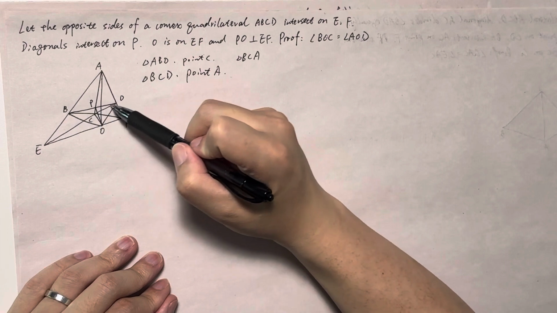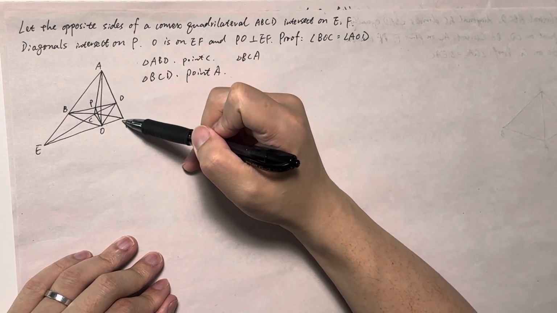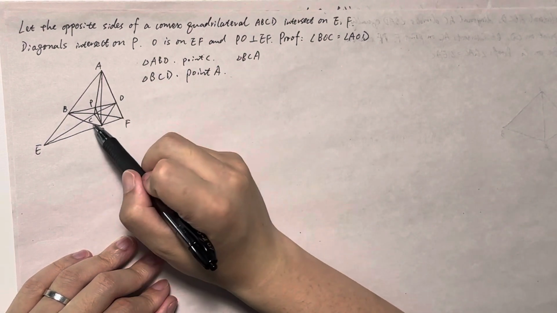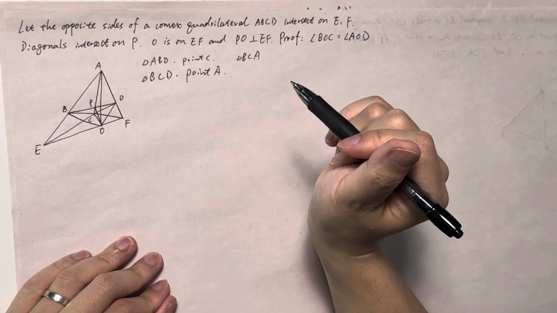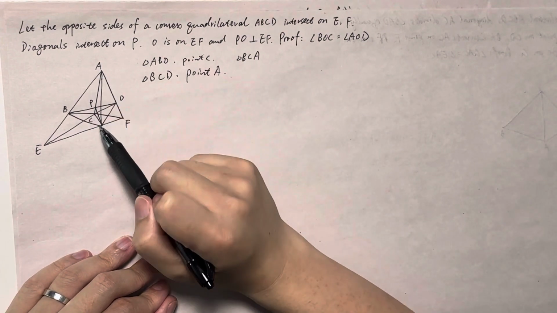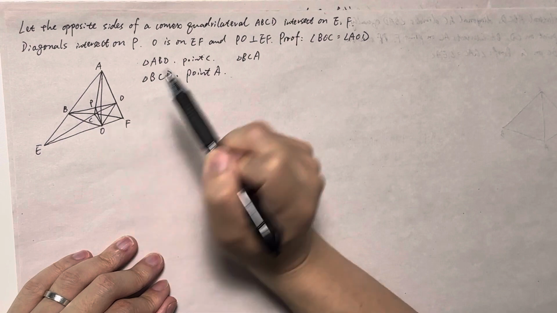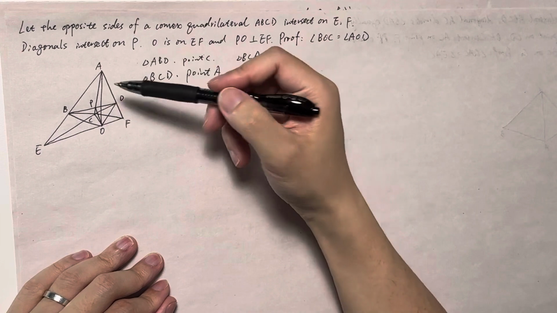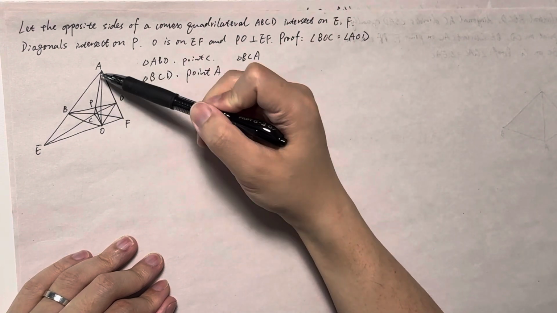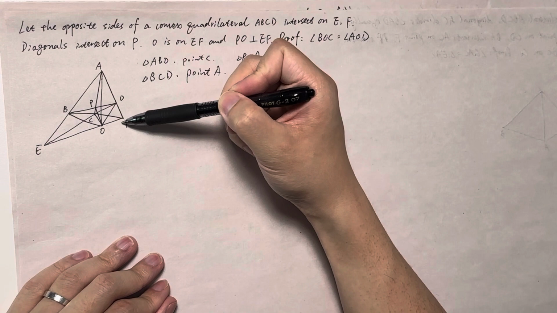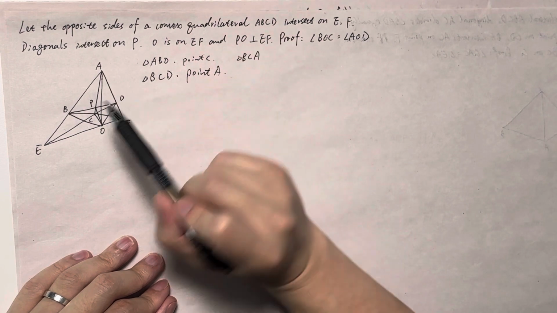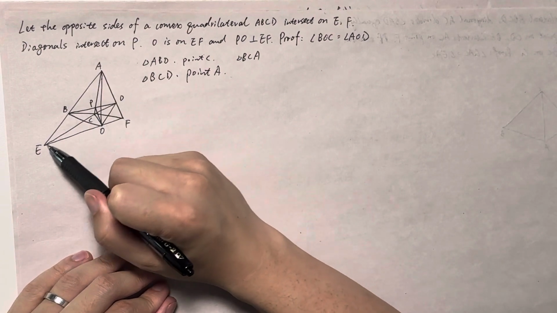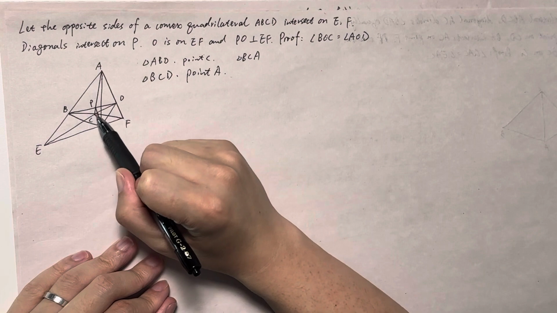These two lines intersect at point D. And from vertex C, we draw another line to the side AB, that's CE, and extend CE.